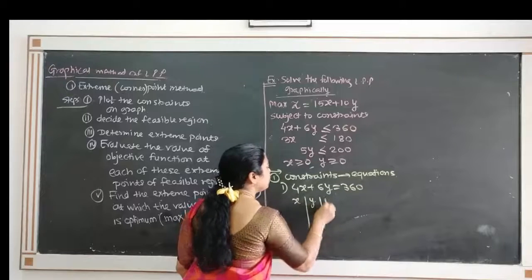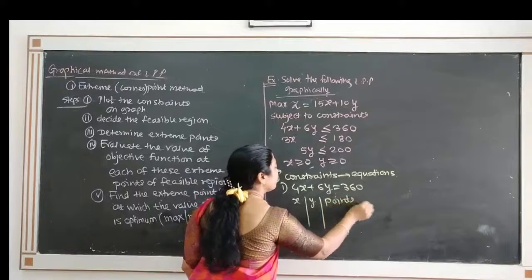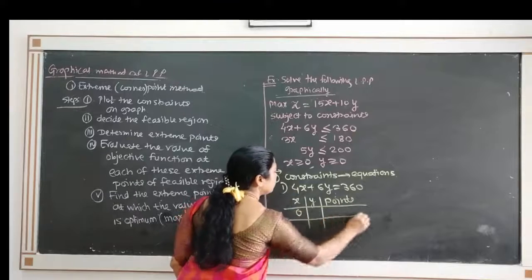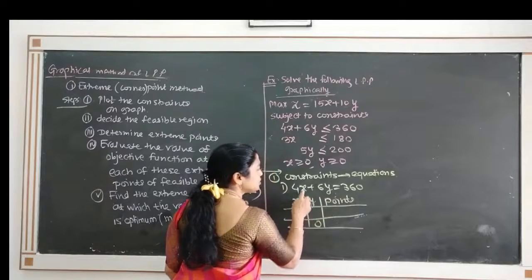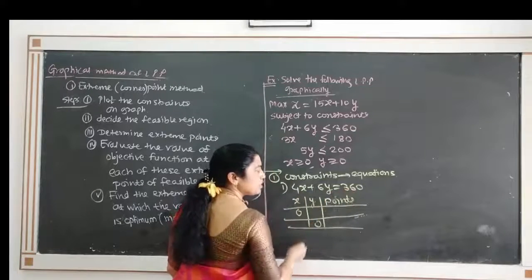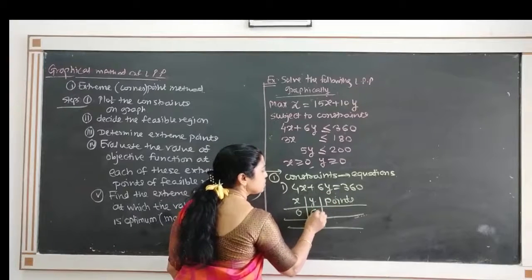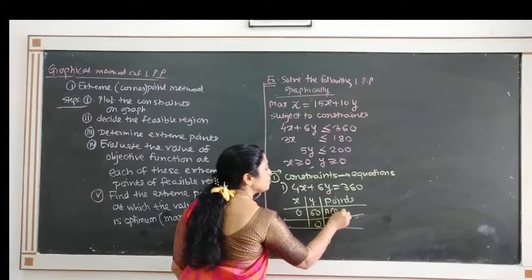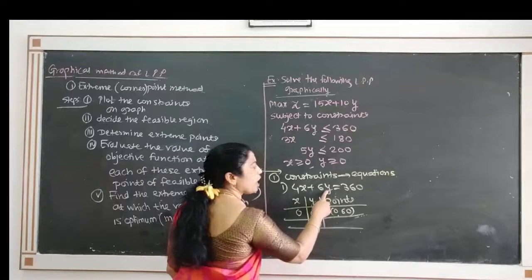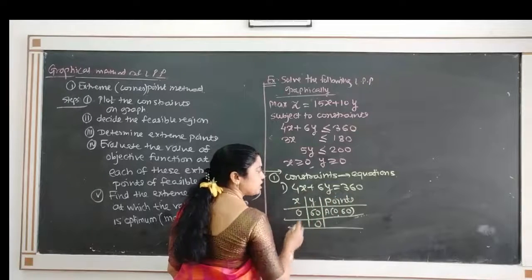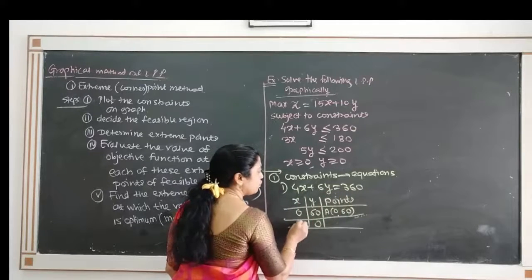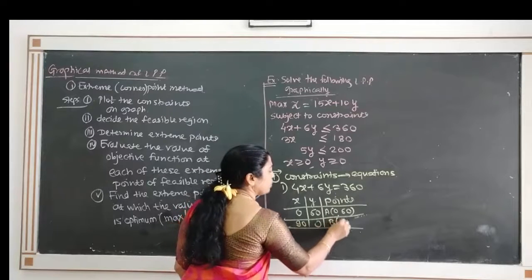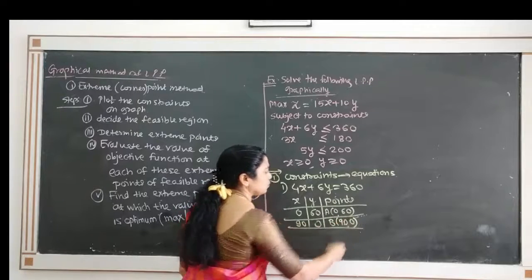Find the points corresponding to x and y. X is 0 or y is 0. When x is 0, 6y is equal to 360, so y is equal to 60. The first point becomes (0, 60). When y is 0, 4x equals 360, so x is equal to 90. Point B becomes (90, 0).